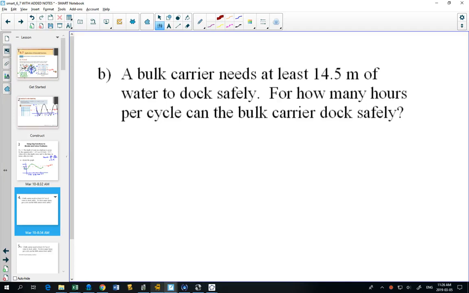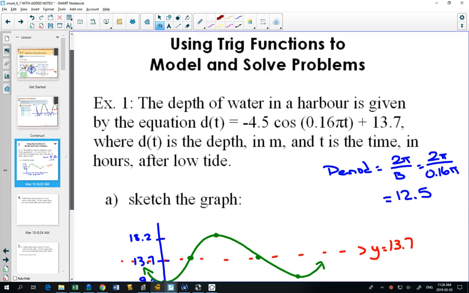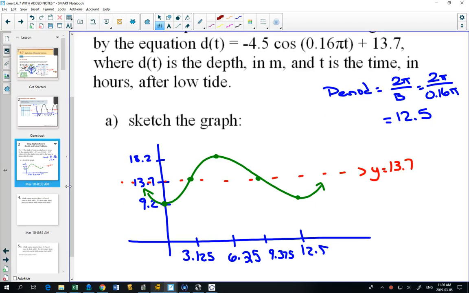So we look back at our graph, and if I put 14.5 on here in purple, it would be about here. Can you see that only in this section here the water is deeper? So we need to find what time is it here and what time is it here.